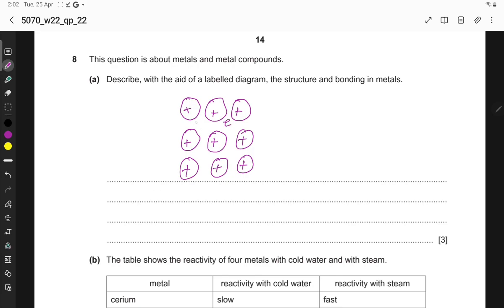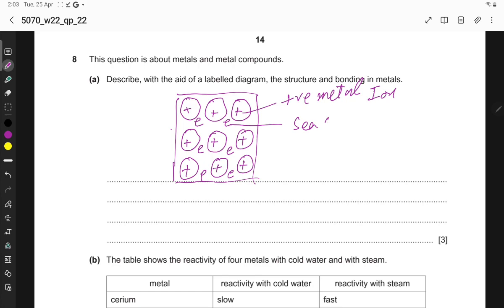So this is electron, positive metal ion, and delocalized valence shell electrons.